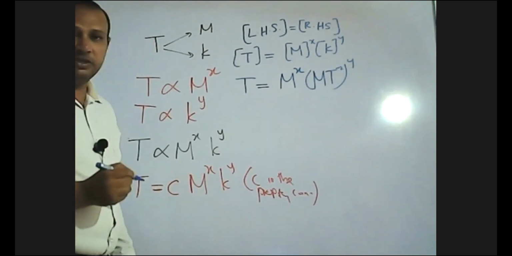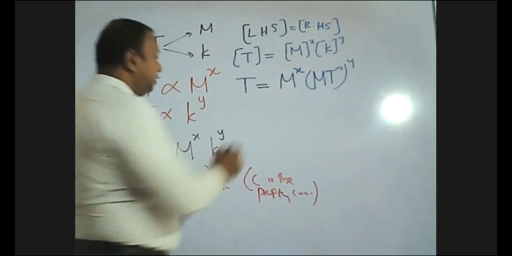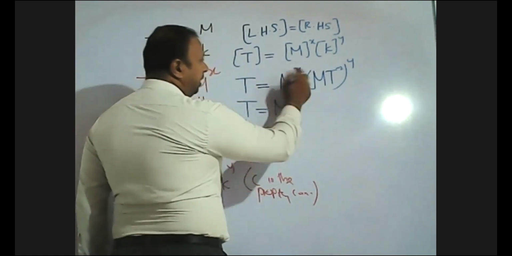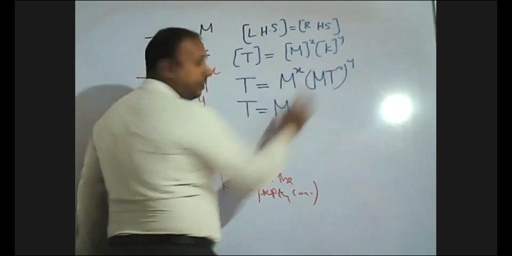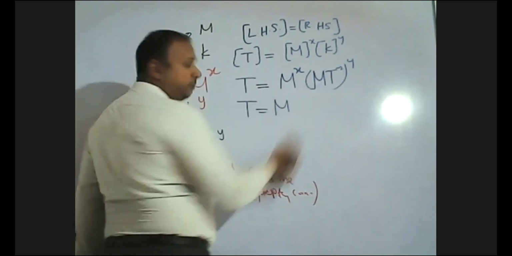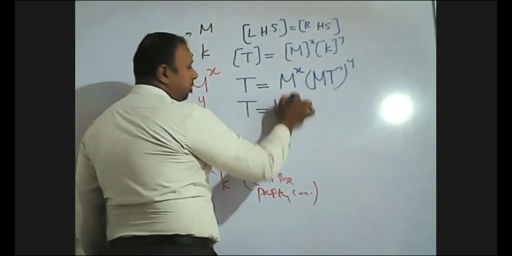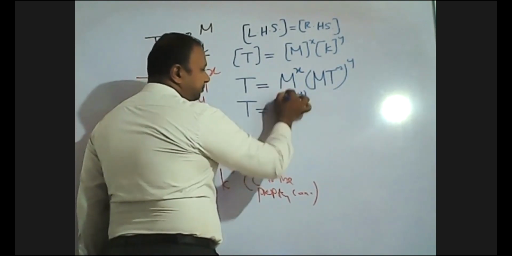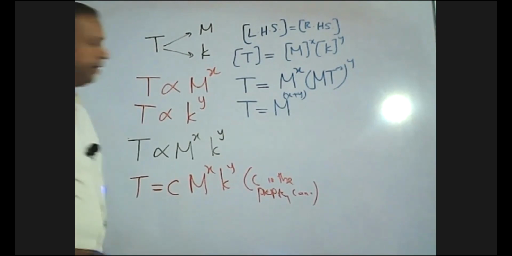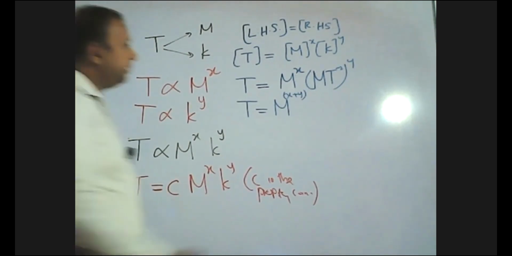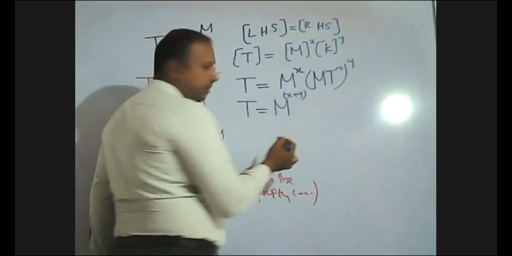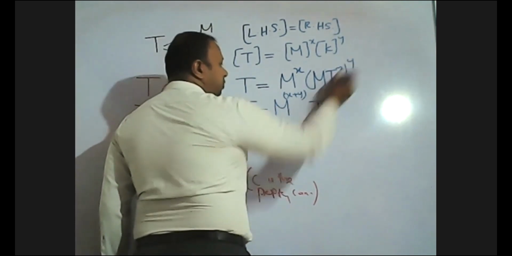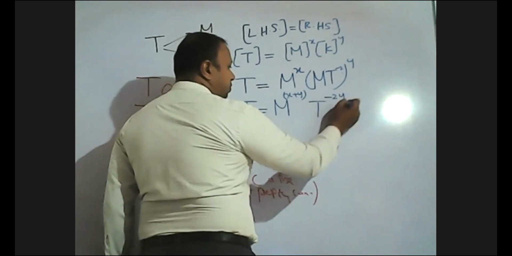After that, I can simplify this. So T is equal to M to the power X, and here M to the power Y. Both are multiplied with each other, so the powers of them will be added. Then there's the T term, T to the power minus 2 into Y. Minus 2 into Y means minus 2Y.